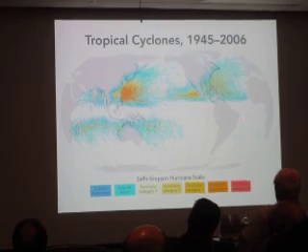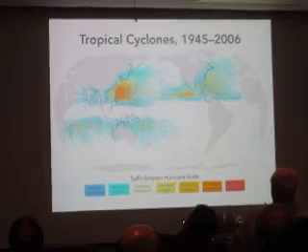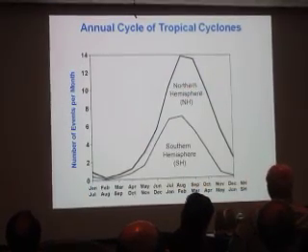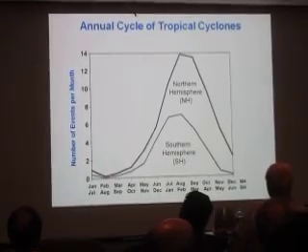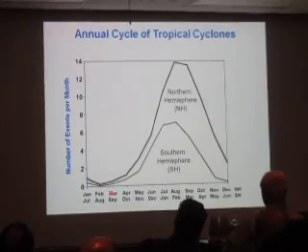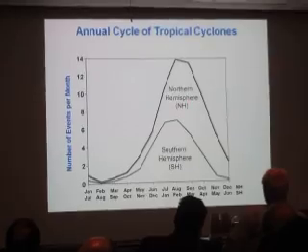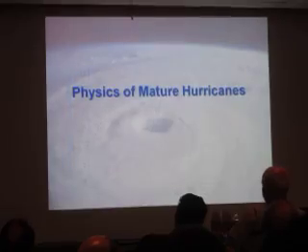But there is northward heat transport in both sides of the Atlantic Ocean. As you're probably aware, these are creatures of the late summer and early fall, which is the number of storms per month in the northern hemisphere read off this axis, and in the southern hemisphere read off that axis. So you can see that they prefer the warmer times of the year in each hemisphere.